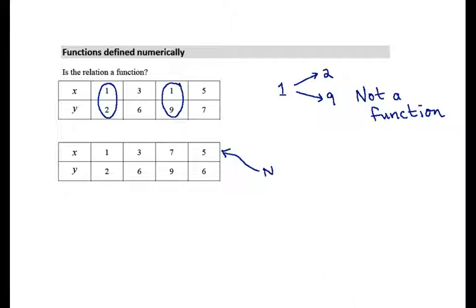If I have no repeating x values here, or repeating inputs, then I do have a function. There's no way that one of these inputs could be mapped to two outputs if it doesn't repeat. So that's what I really look for. I don't have to draw this diagram in order to identify it. I really just want to look for repeating inputs.